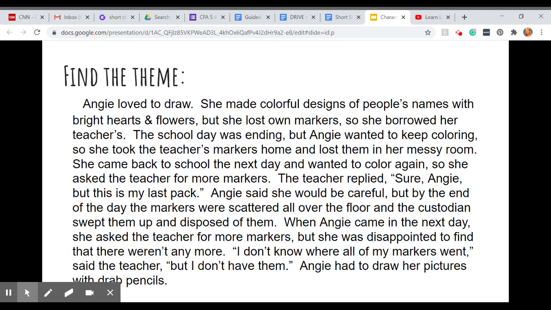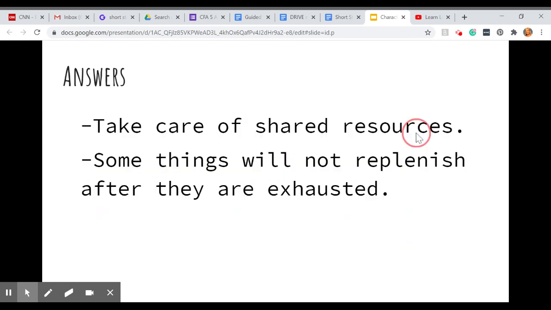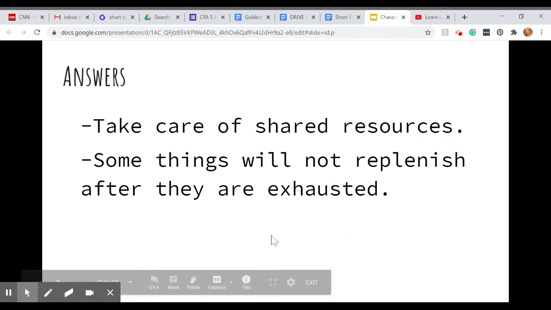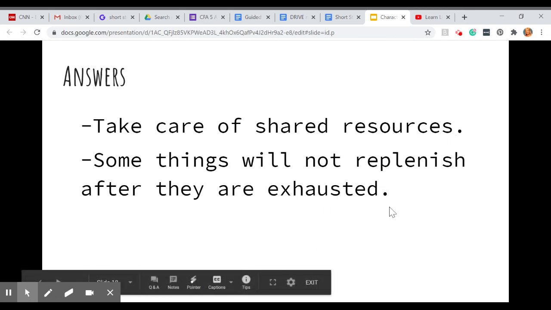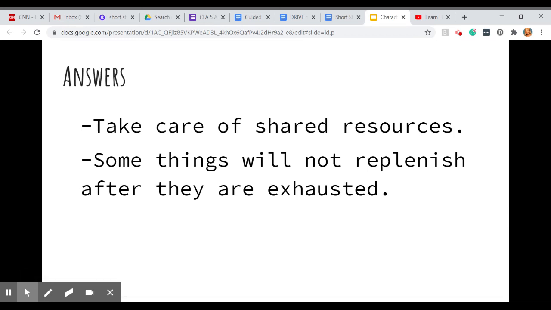What could you learn from this story that could be applied to life? Well, one example would be respect other people's things. Take care of shared resources. Some things will not replenish after they're exhausted. So you could even look at it, yes, this is markers, but that could be applied to a story about people using up fossil fuels or something, or other resources, cutting down trees and not replanting them.